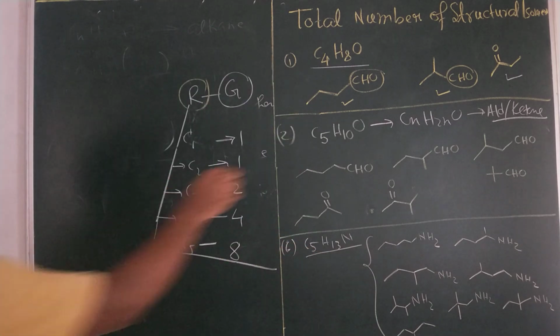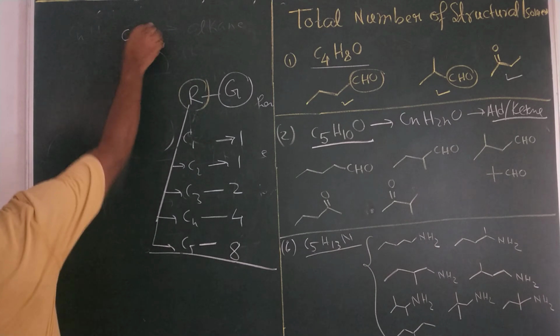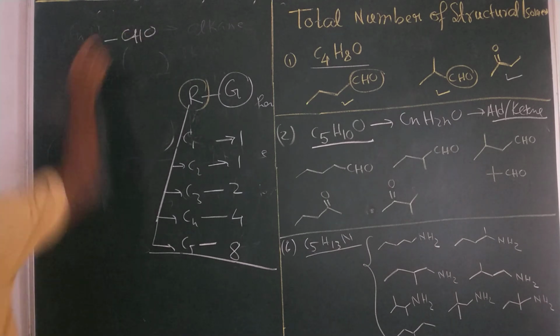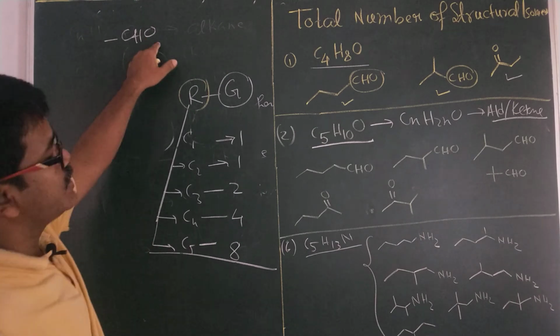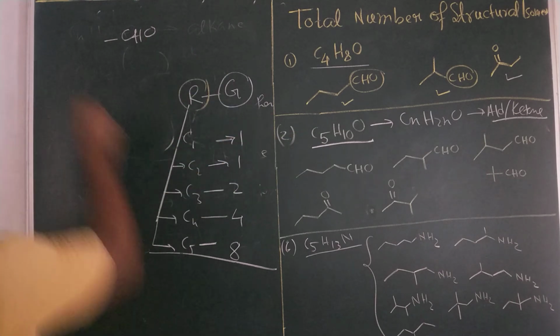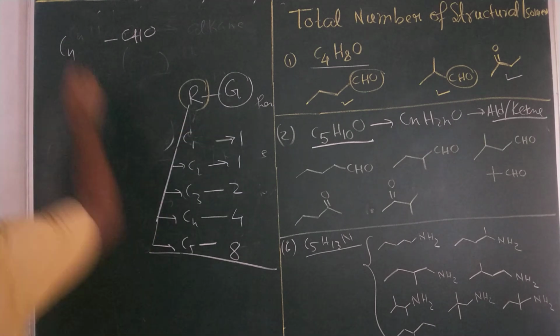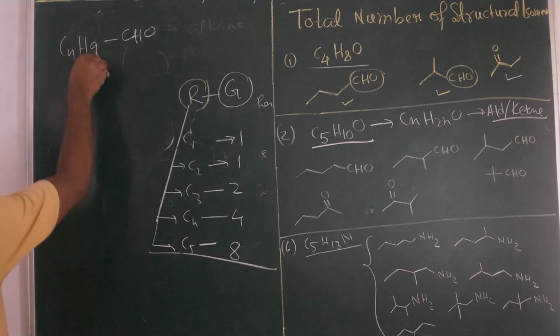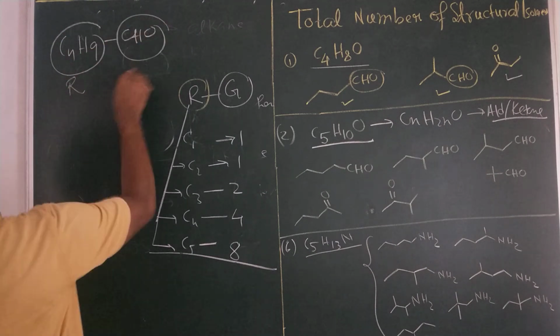Therefore, this compound I can write in this particular form. This is the first; let me see it as the aldehydic group. If I remove 1 carbon, hydrogen, and oxygen, how many carbons are left? 4 carbons are left. How many hydrogens are left? I suppose 9. This is the R part, and this is the G part.